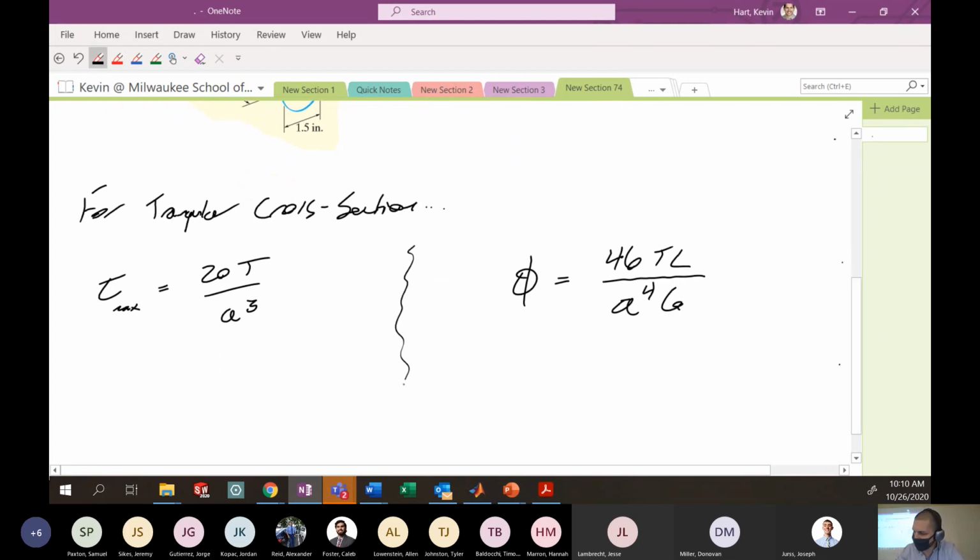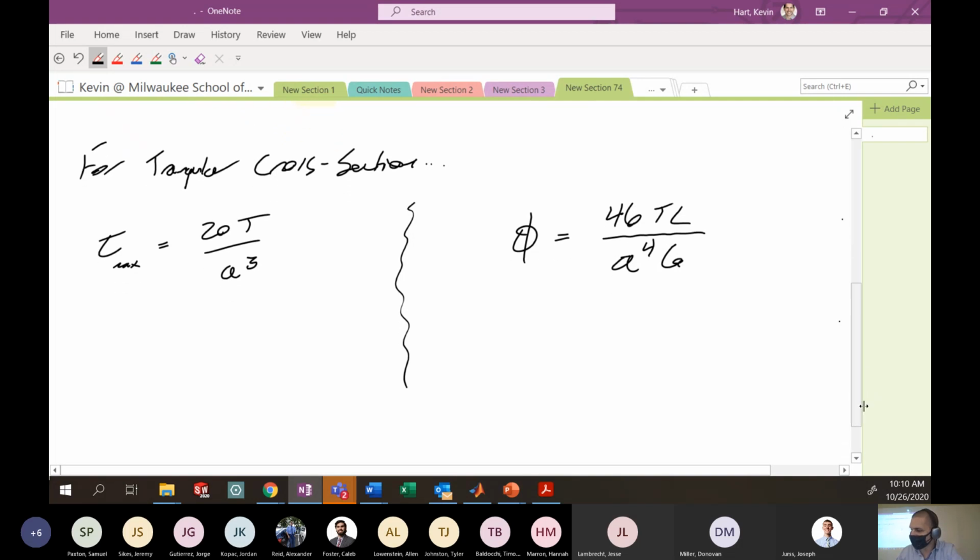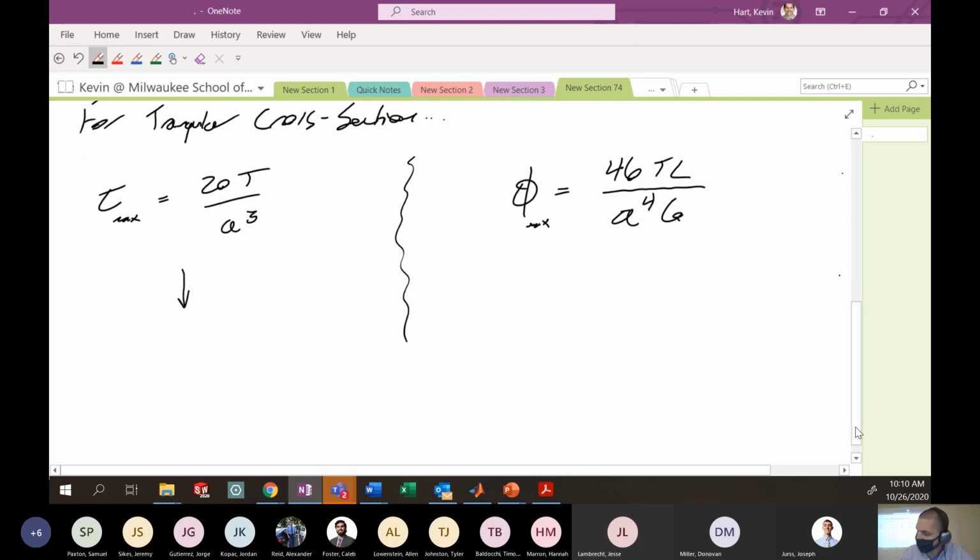Oh, all right. So we're going to work these more or less simultaneously. This is the maximum angle of twist. So we want to rearrange these to solve for the torque that would cause these maximum shear stresses or this maximum angle of twist. So we can think about rearranging this to be the max torque that we could handle: the max shear stress times A cubed over 20.